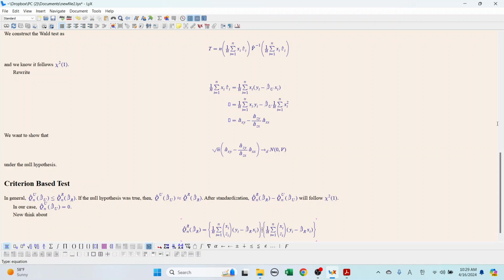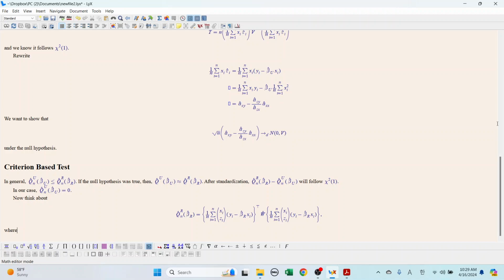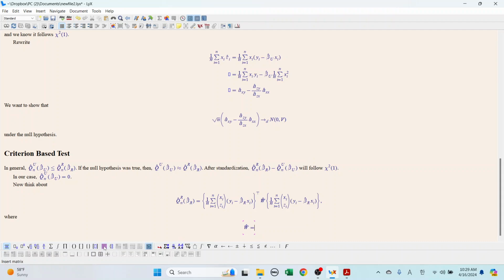Remember, in the middle we had some weighting matrix, and the weighting matrix took the form of sigma squared times omega inverse, where here you have to put a hat on omega.